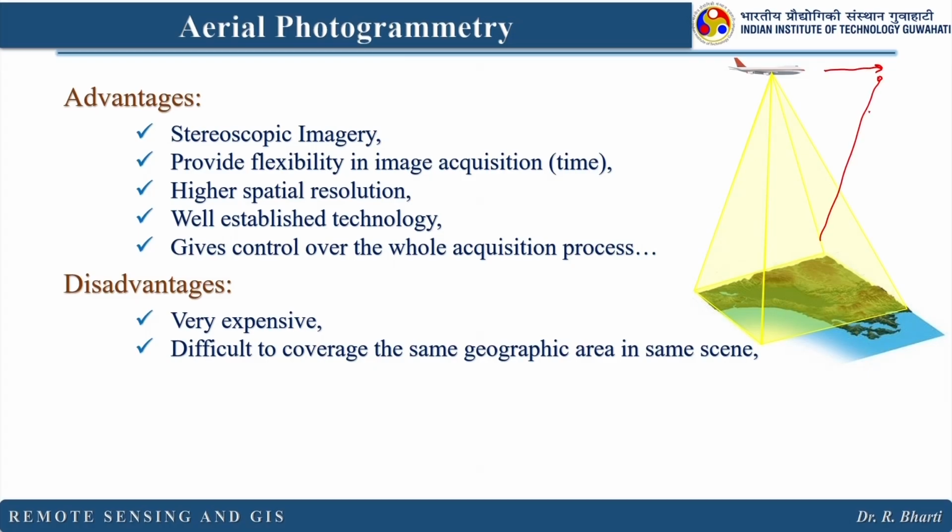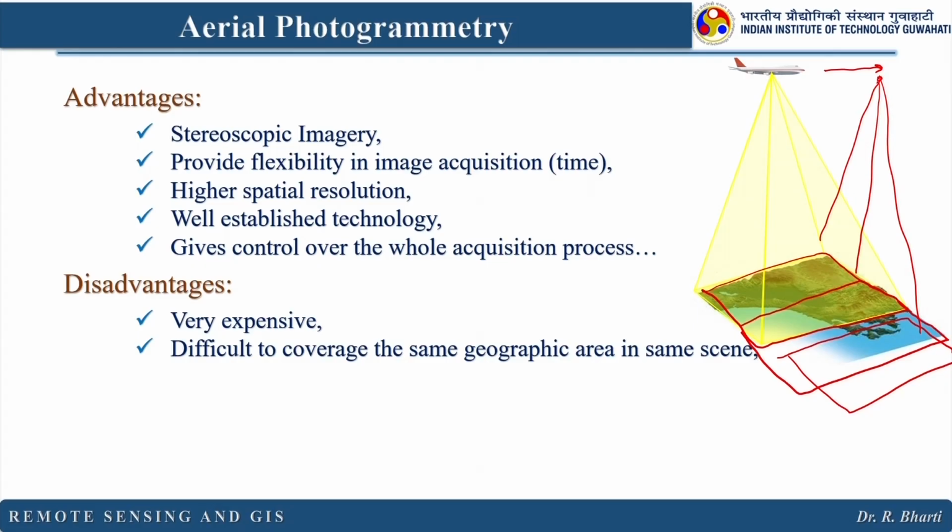So you have to maintain the position so that the first acquisition covered this, and in the second I want to acquire this only, right? Not from here. So you require very high precision here. So it will be very difficult. It is not a very easy task. So that's why it is difficult to cover the same geographic area in the same scene.